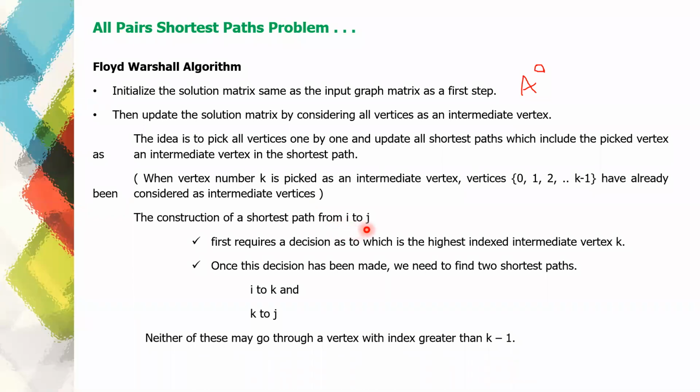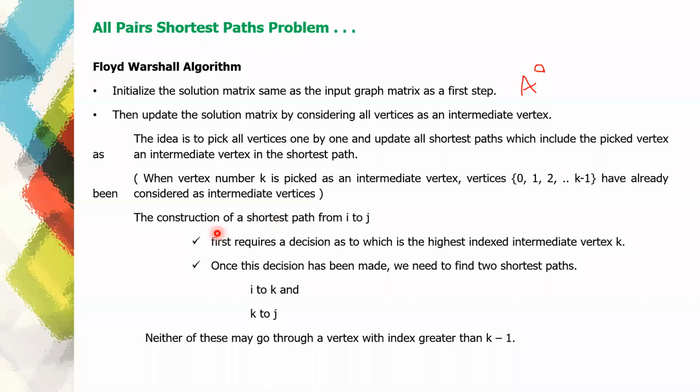Between i and j, there may be a direct edge, there may be no direct edge, but to find the shortest path between i and j, you are going to first consider and select an intermediate vertex k that falls between i and j. This intermediate vertex k may fall between i and j, it may not fall, that we'll see later.